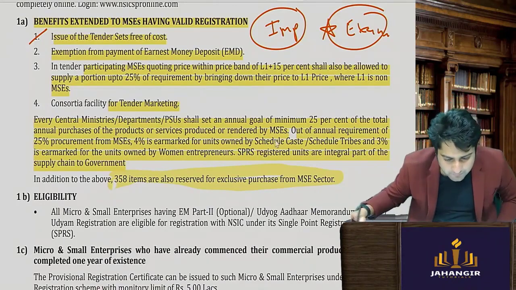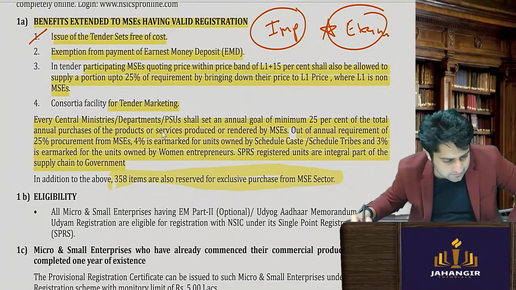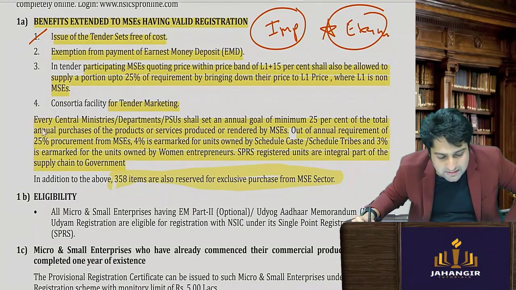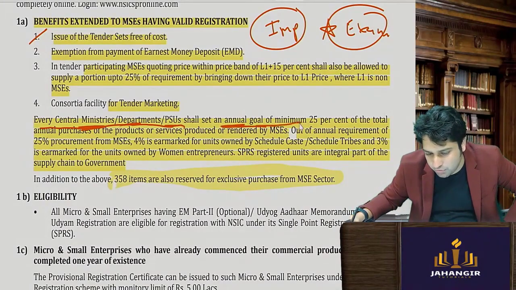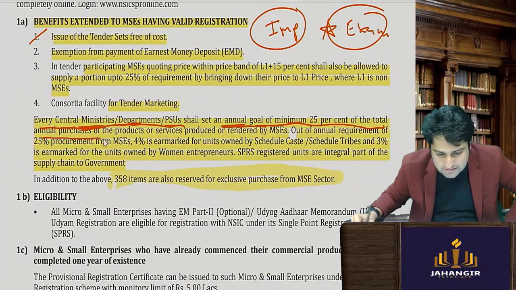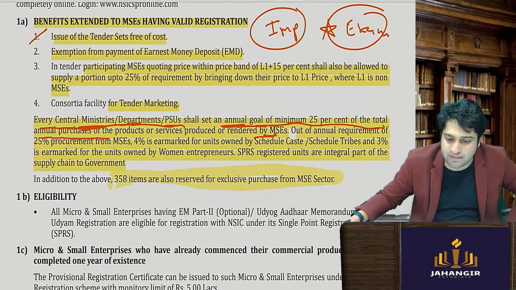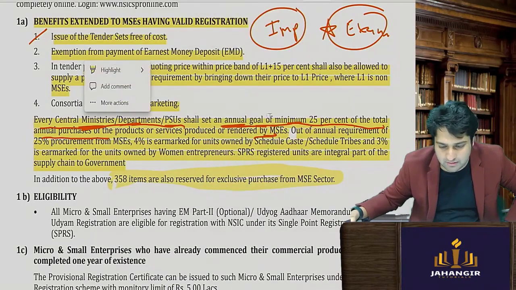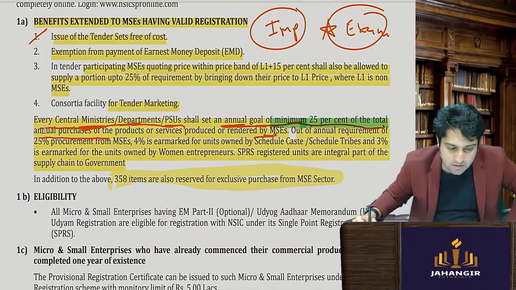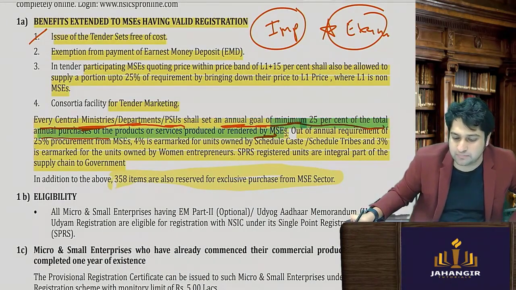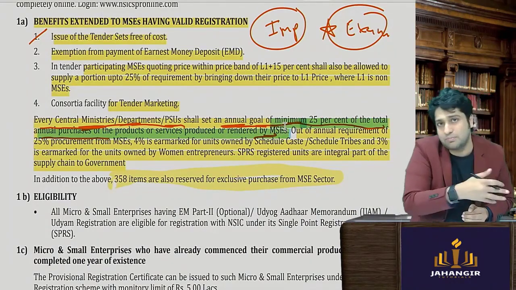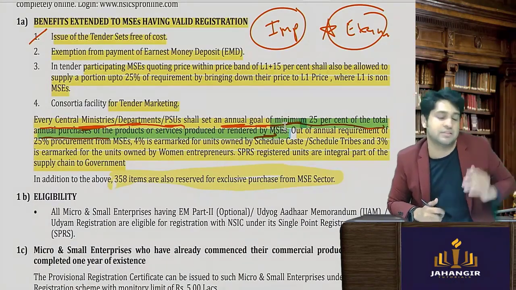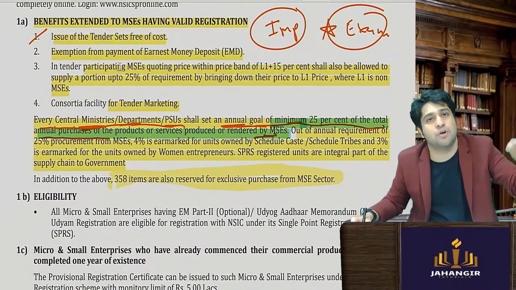So what they have said is that every central ministry, department, PSU shall ensure an annual goal of minimum 25% of total purchases from MSME. Means every government body should ensure that a minimum of its annual purchases will be bought from MSME. So I know that governments are bound to buy 25% of whatever purchases they do from MSME.